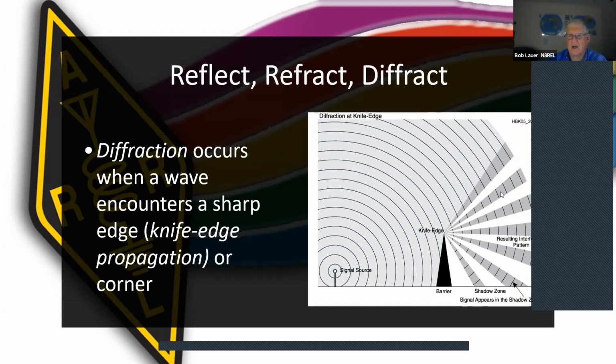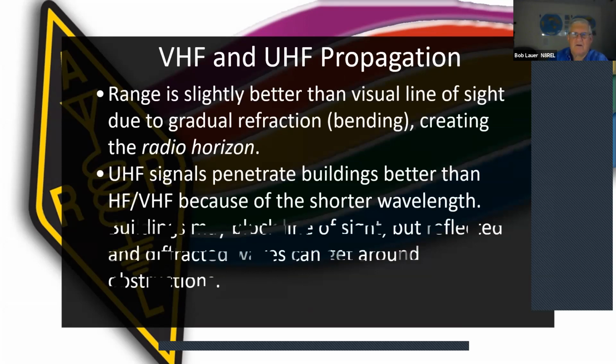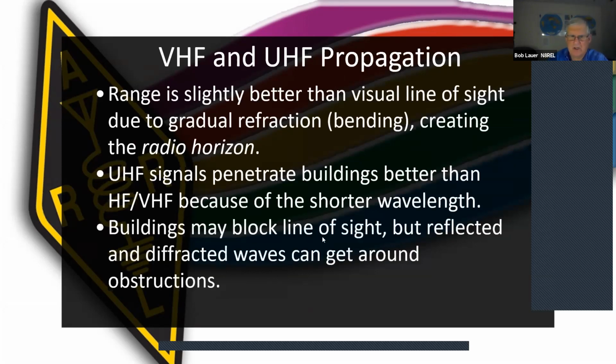But there's lots of areas where they're not going to hear anything. Buildings can block line of sight, but the sides of the buildings can also reflect your signals, and you can bounce your signal off them like a cue ball bouncing around a pool table.